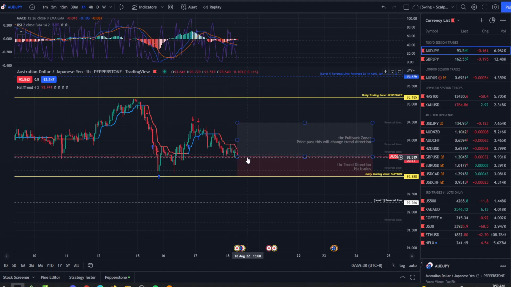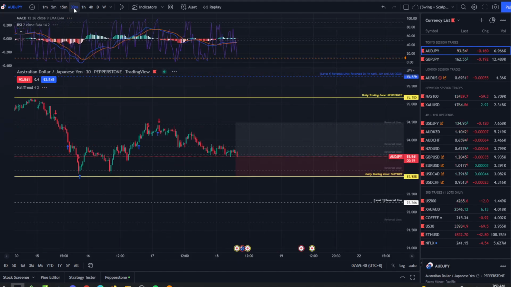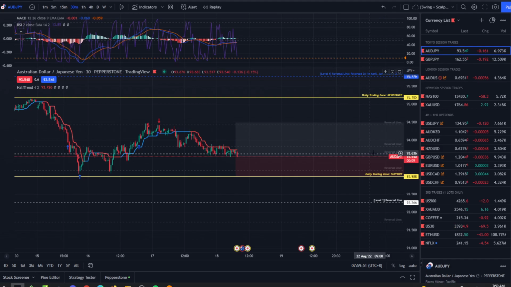It does look like it's heading down towards the south. So if I were to take any trades, it would definitely be shorts only, but only to this point. So I'm just making a quick mental note of that.